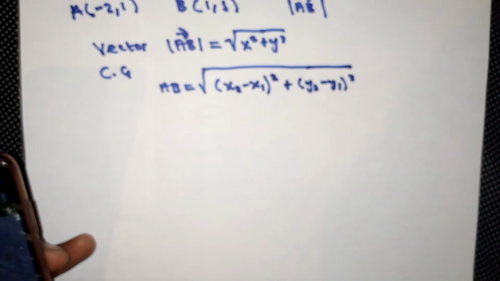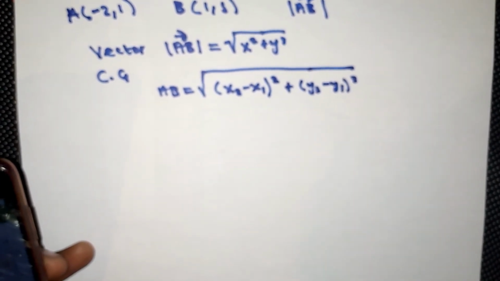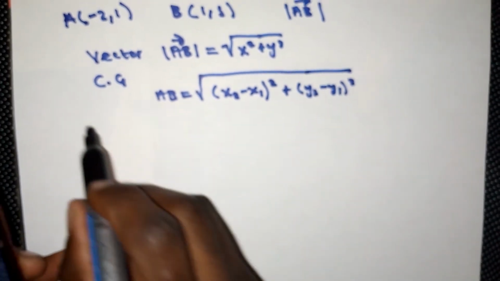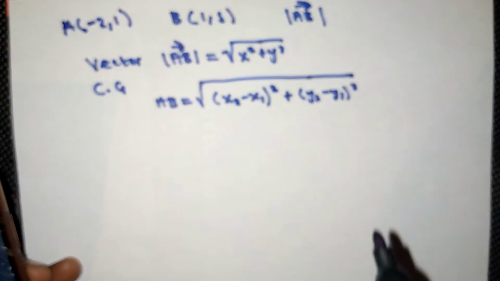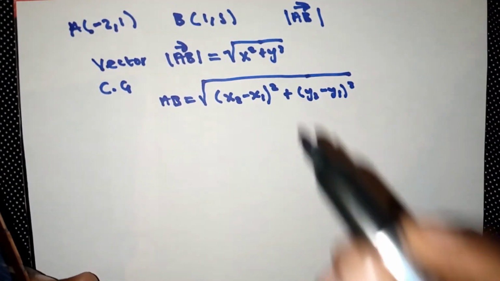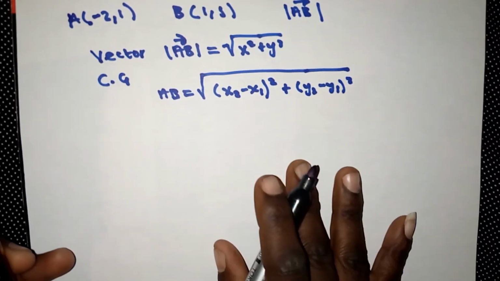This is how we find the distance or the length of a vector in coordinate geometry. So I'd prefer we use the second formula. It can also work when you use the first formula, but we'll use the second formula for this video.